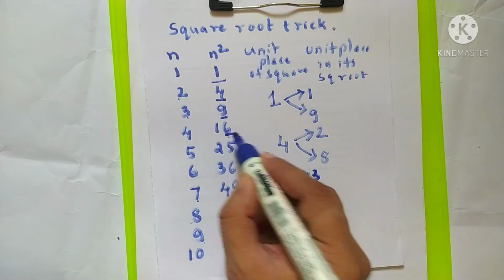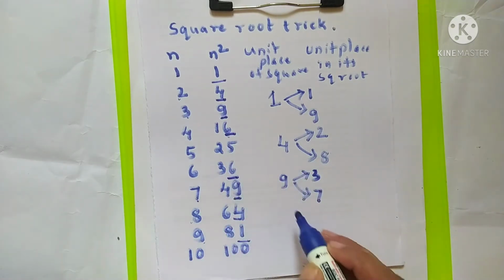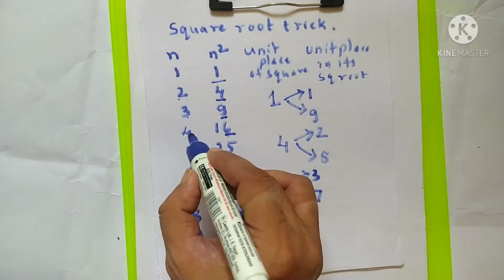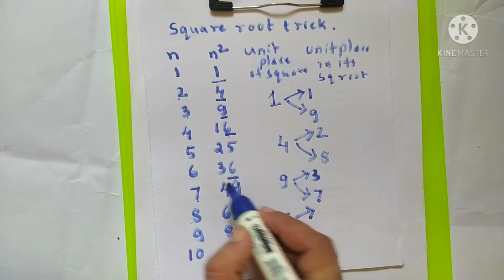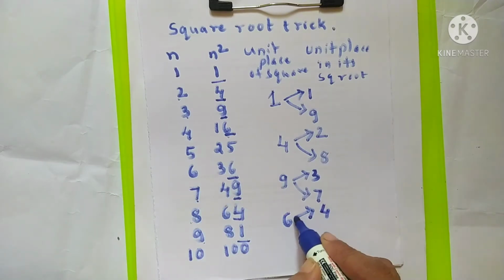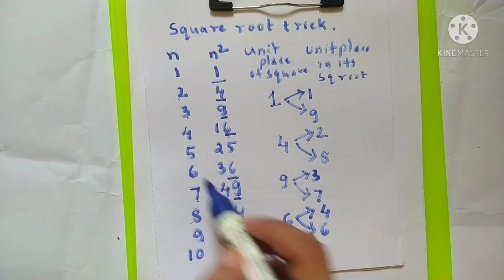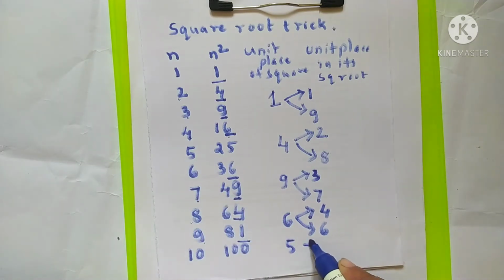And this is 6 here, this is 6 here. Then in its place either 4 or 6 will come. And if 5 is there, 5 will be there, 0, 0 will be there.